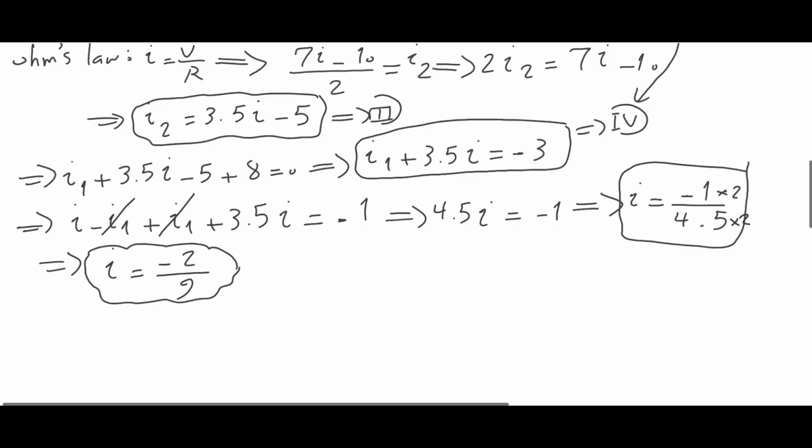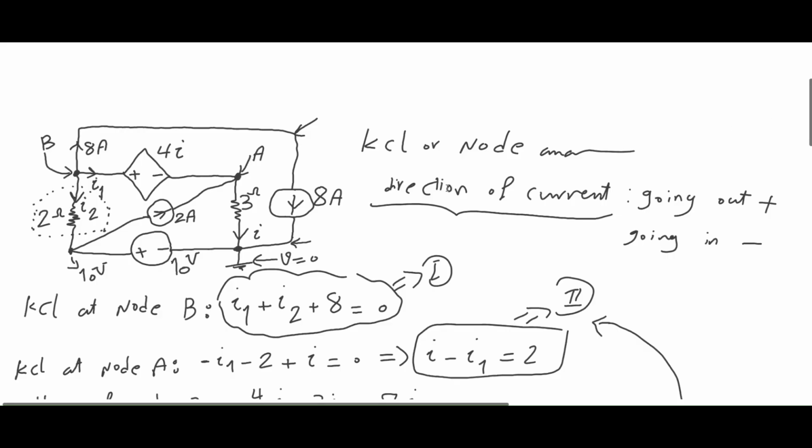But in any circuit, the unknowns are usually the voltages of the nodes. So what I want is the voltage of node B and the voltage of node A. Now that I know I equals minus 2 over 9, I can easily find the voltage of node B and node A. So from here, the voltage of node B is 4 times I, which is minus 8 over 9, plus 3 times I, so that becomes minus 6 over 9.